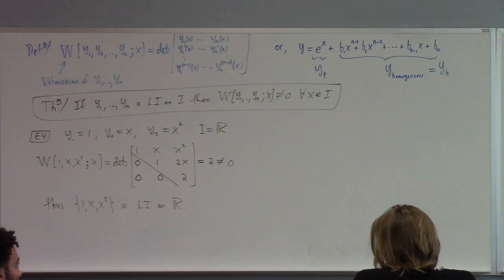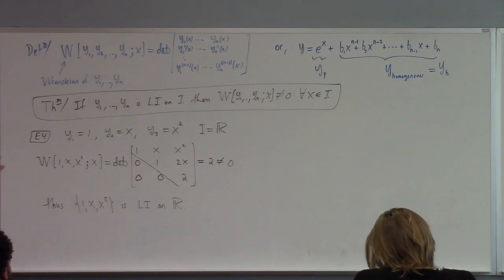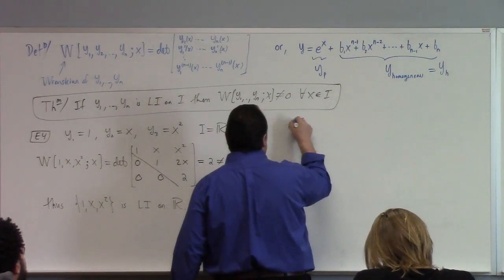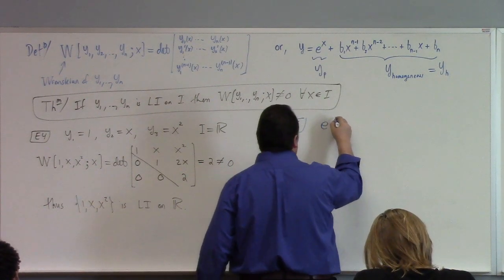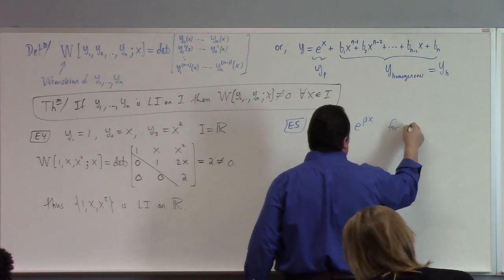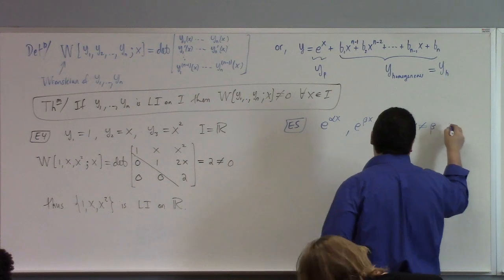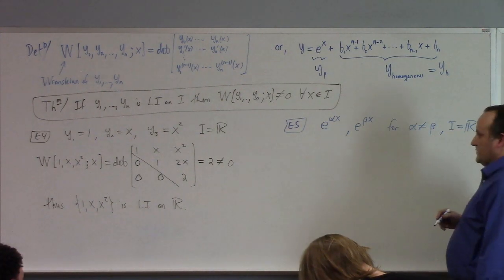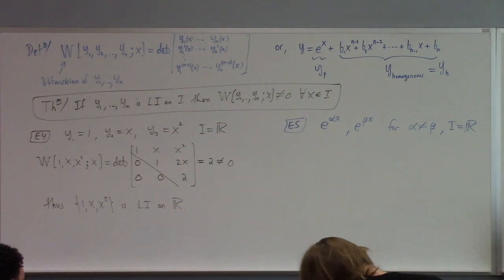Let me show you for two functions. Suppose we have e to the alpha x and e to the beta x for alpha not equal to beta, and our interval of consideration, again, will be all real numbers. I'd like to show you that these are linearly independent, okay?